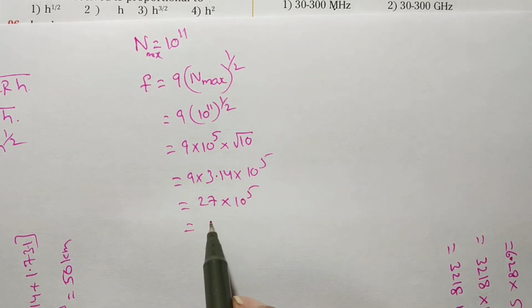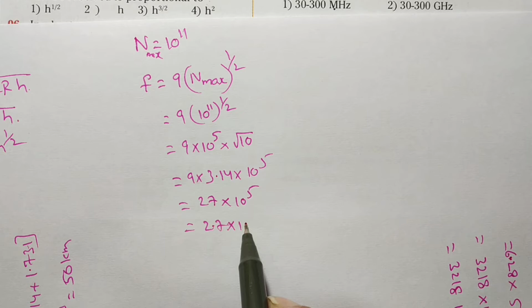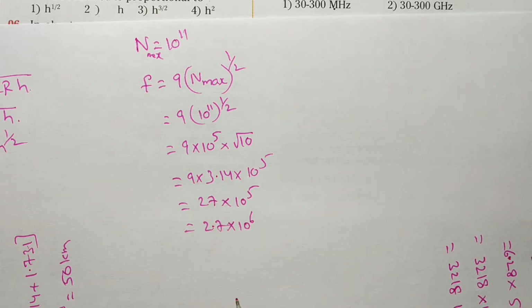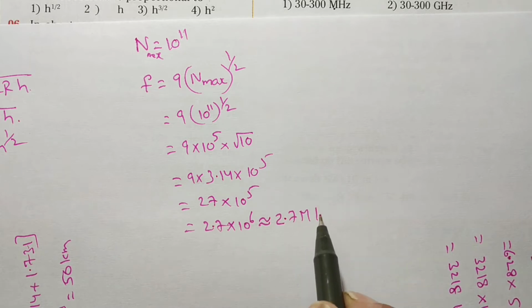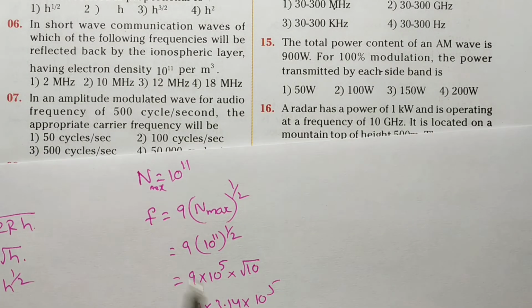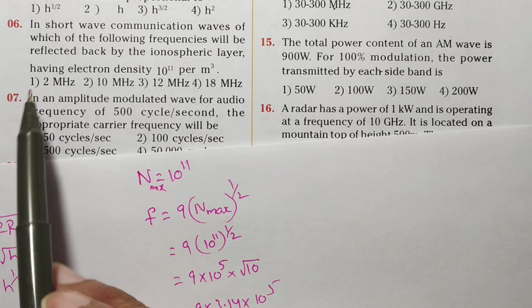That means 2.7 into 10 to the power of 6, which is 2.7 megahertz. 2.7 megahertz is nearer to the first option.